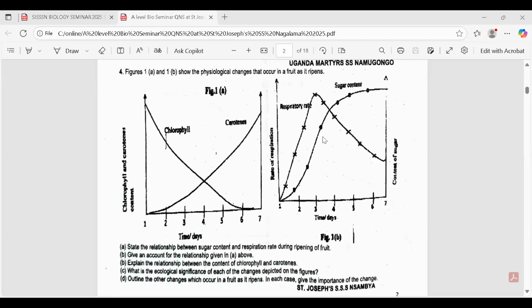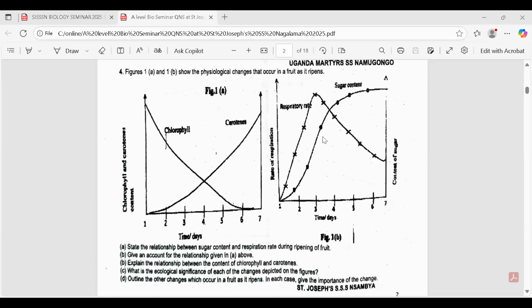But in some scenarios, they usually just describe. For example, you simply say from 1 to 3, as the respiratory rate increases rapidly to attain a peak, comma, the sugar content increases rapidly. Then they just continue, okay?